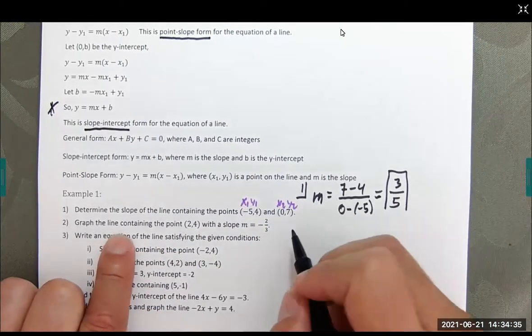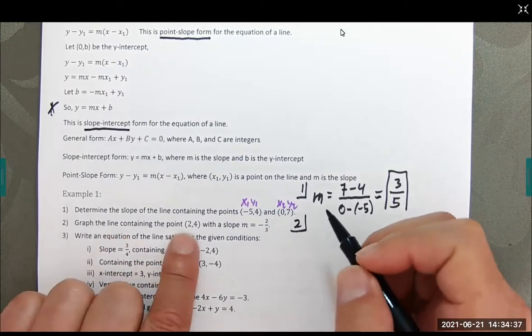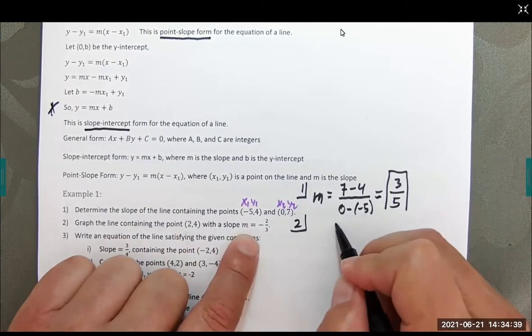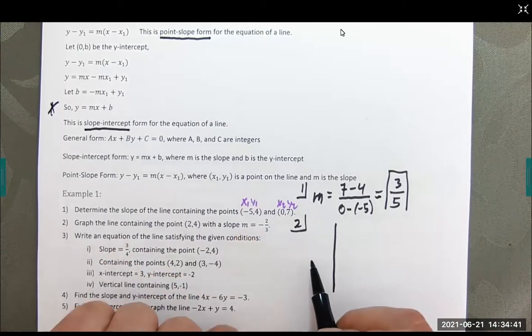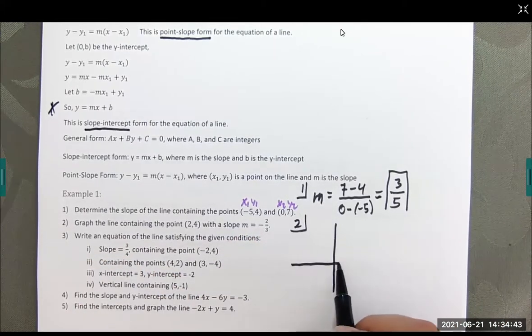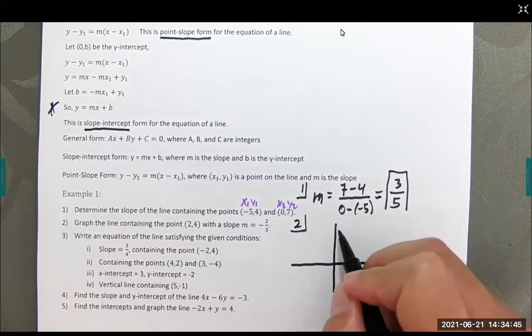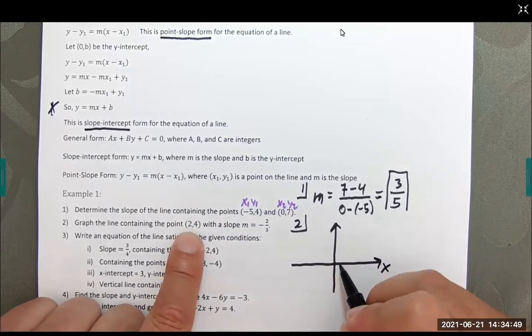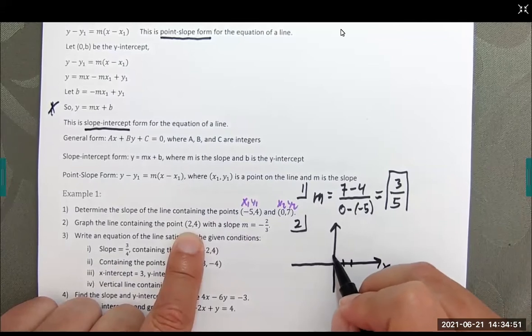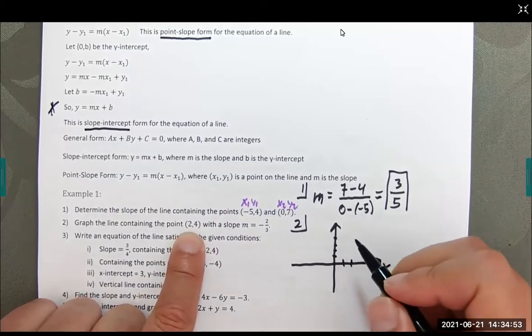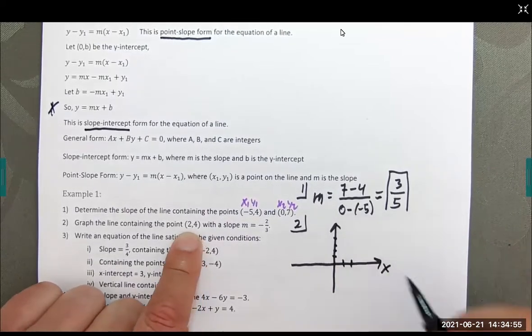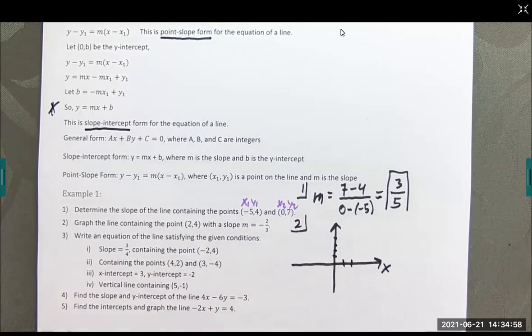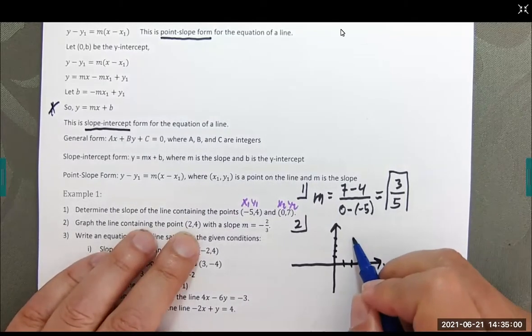Number 2, graph the line containing this point with this slope. So we are here, 1, 2, 1, 2, 3, 4. So we're going to start with the point 2, 4.